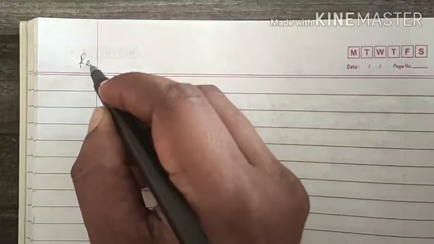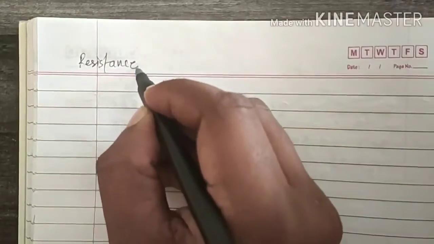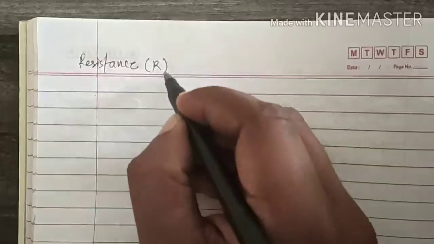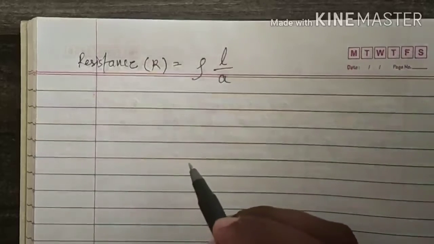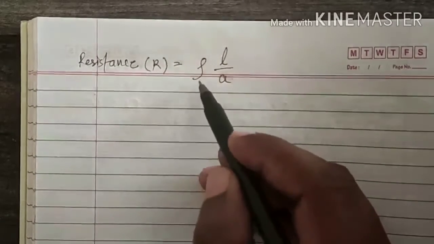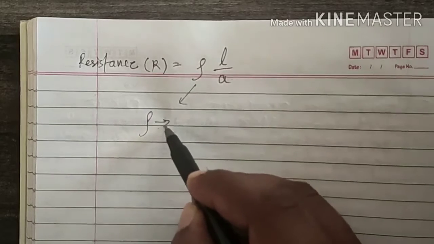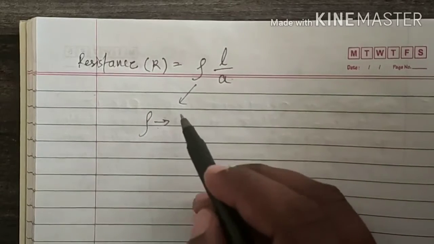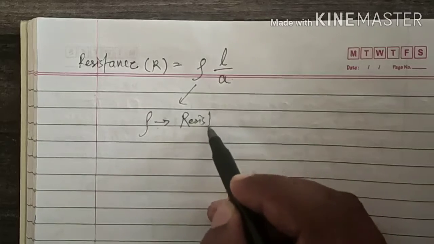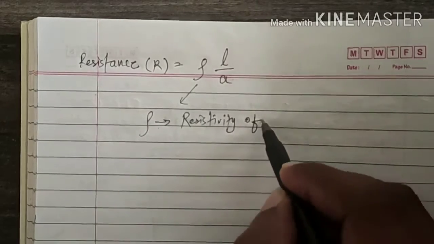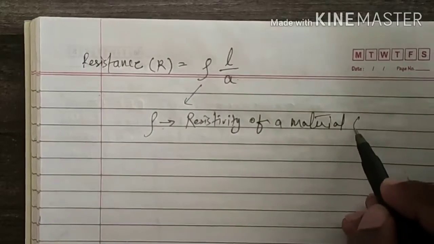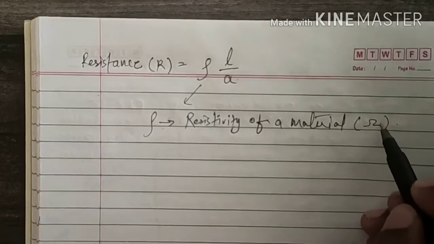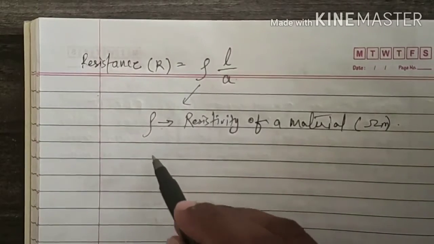From the formula, resistance, denoted by R, is equal to rho L by A. What does rho denote? Rho denotes the resistivity of a material, which is measured in ohm meter.